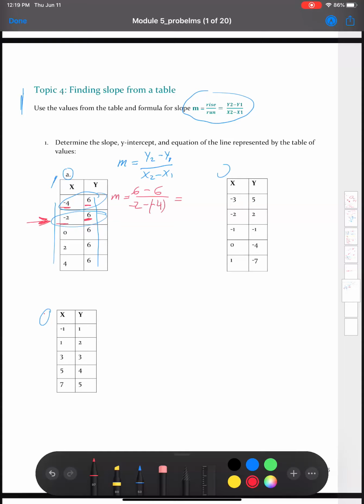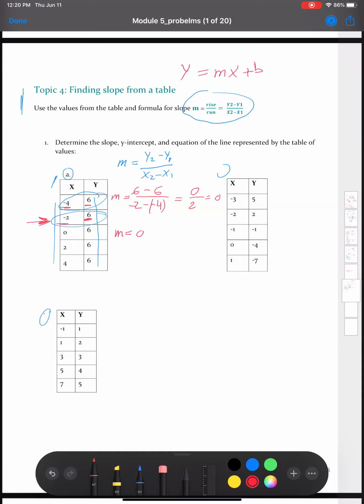So what do we have? We have 0 divided by -2 plus 4, which is 2. Well, 0 divided by any number is 0. So what is the slope from the first table? The slope is 0.